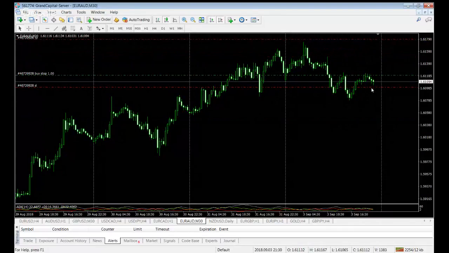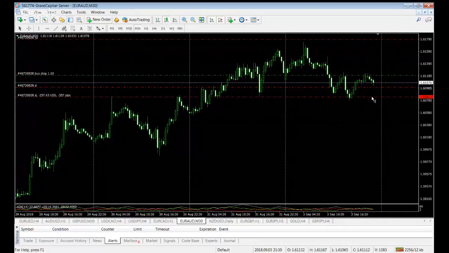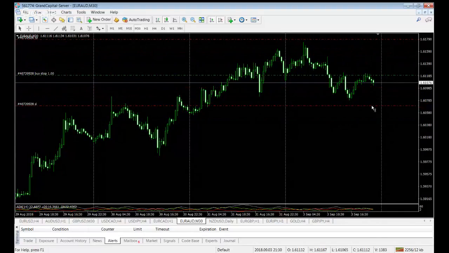So if you feel that there is need for you to adjust your stop loss, you just put your arrow on it and drag it down, so it has modified. If you now feel that you want to adjust your buy stop pending order, you can move it, so it will move everything.